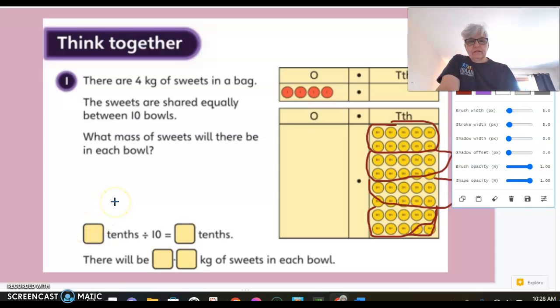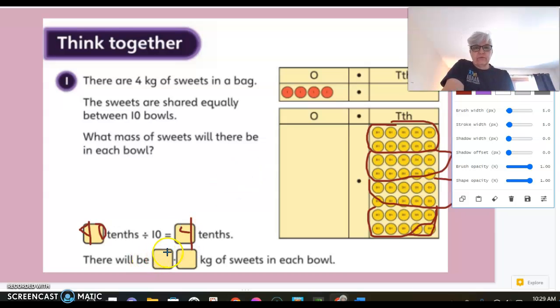We want to know what 4 kilograms of sweets divided by 10 is. So how many tenths are there? We know that there are 10, 20, 30, 40. So we've got 40 tenths divided by 10 to give us 4 tenths for each bowl.